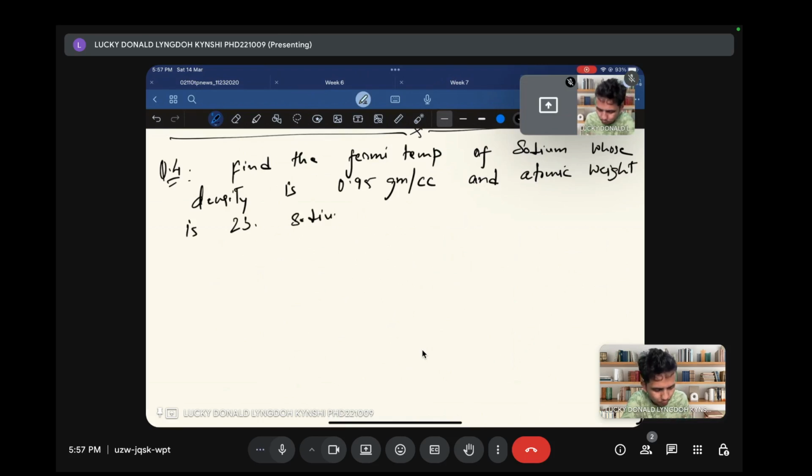Sodium has 1 conduction electron per atom.